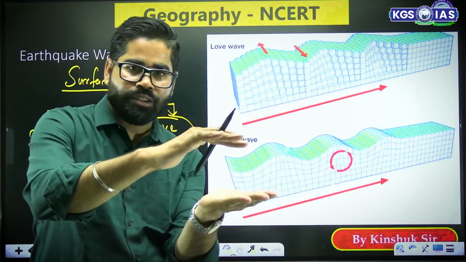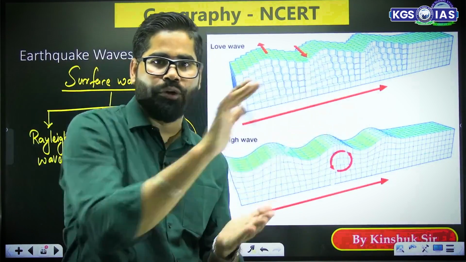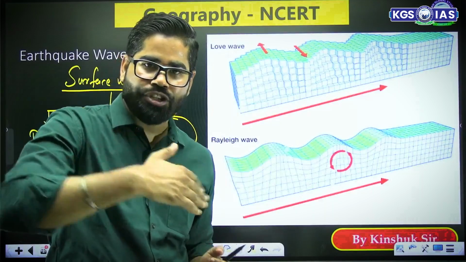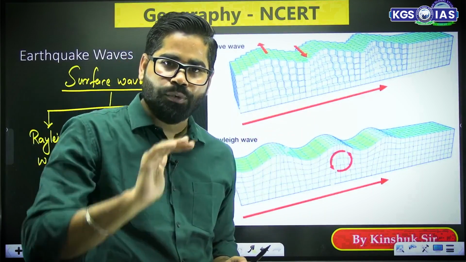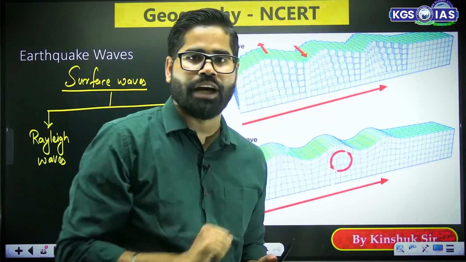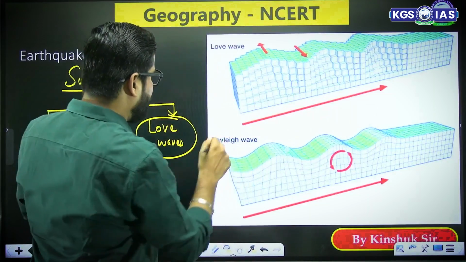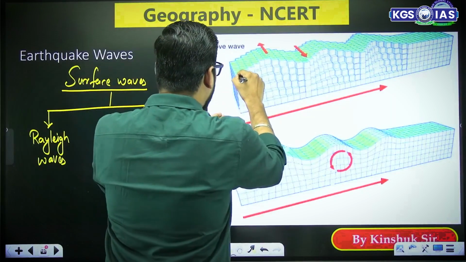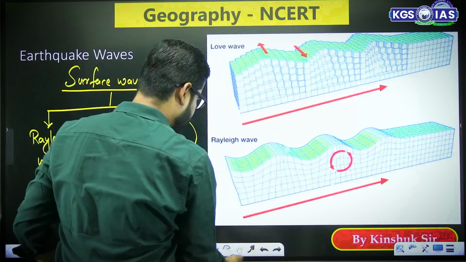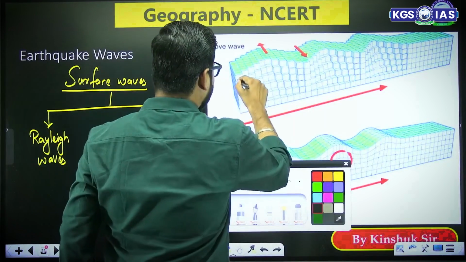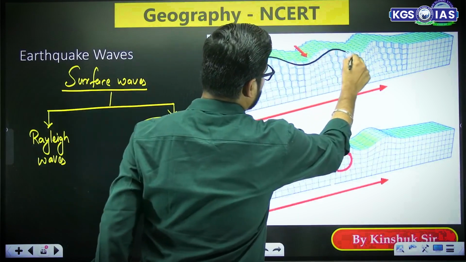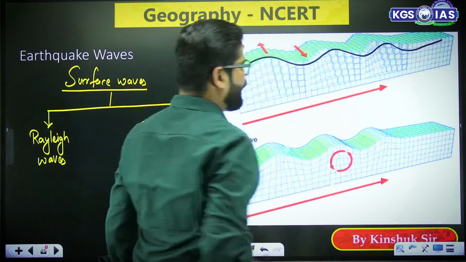One is the horizontal shaking of the ground and one is the vertical shaking of the ground. So there is a difference. In the case of Love waves, you can see this block is going like this. There is a horizontal shaking.